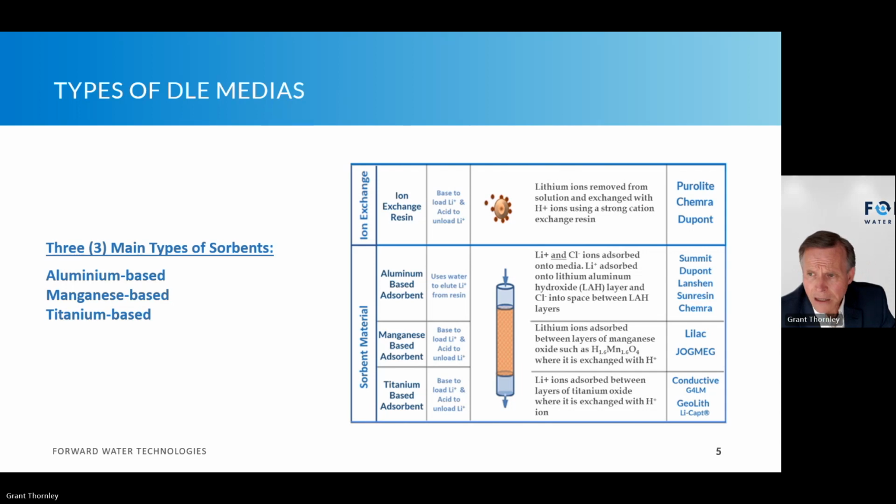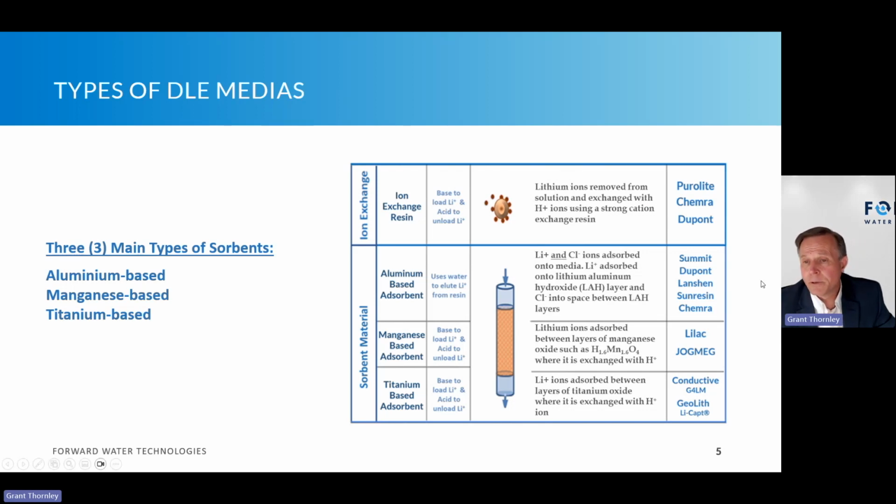And I should point out that with the aluminum-based, what you're actually absorbing is lithium chloride onto the media, whereas with the manganese or titanium-based, you're exchanging lithium onto the media, just as a good differentiation between the two operations.